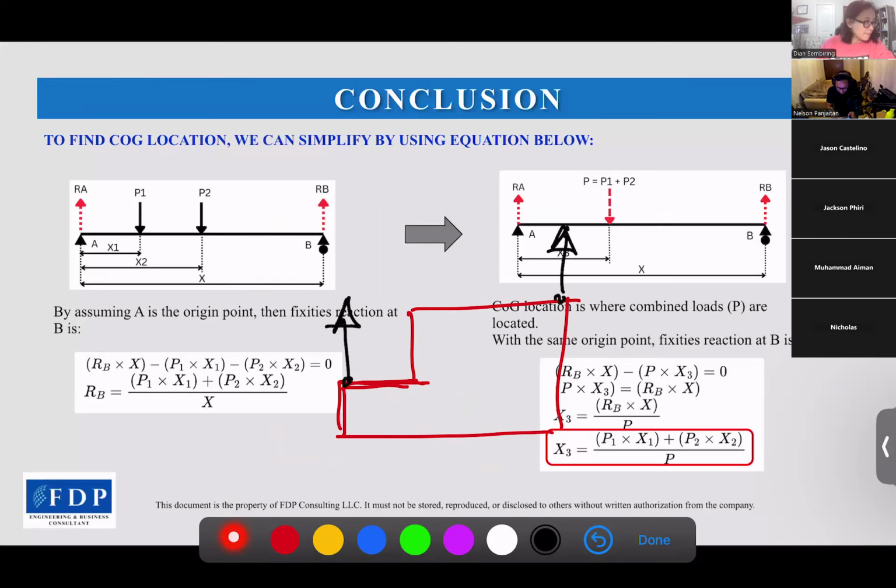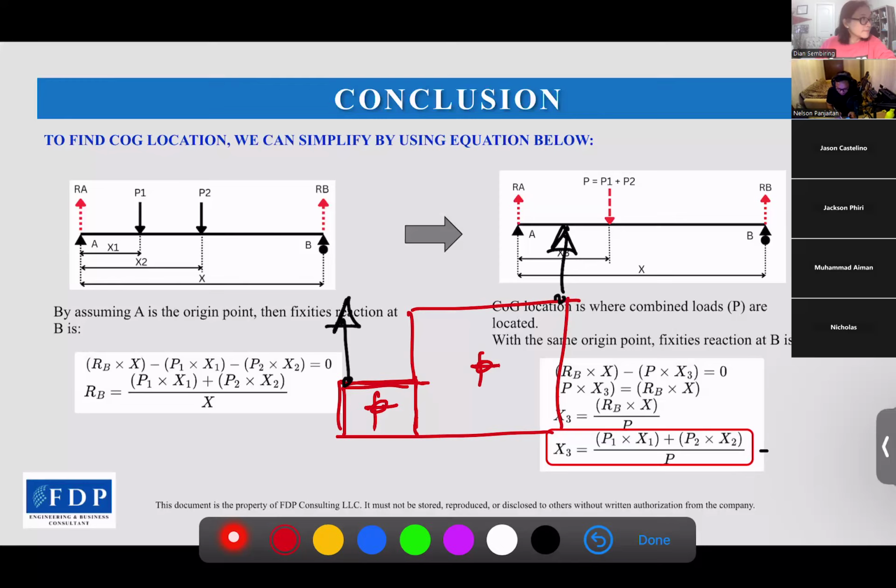If you want to find the COG using this, we can separate the section into two sections. For example, the COG here and the COG here.